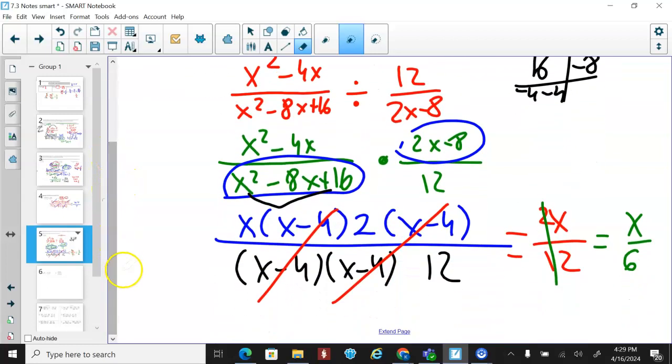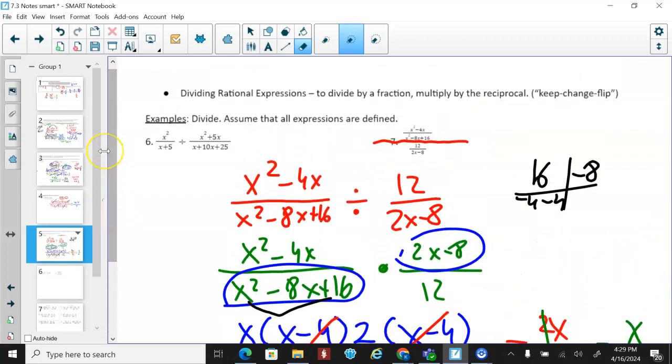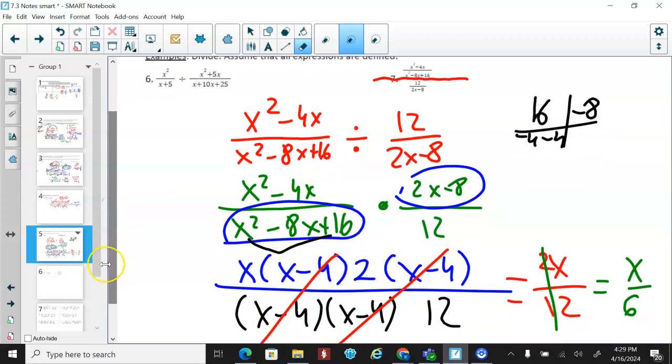We do not need to solve for the undefined function right here. But here on the first example, what was our answer?